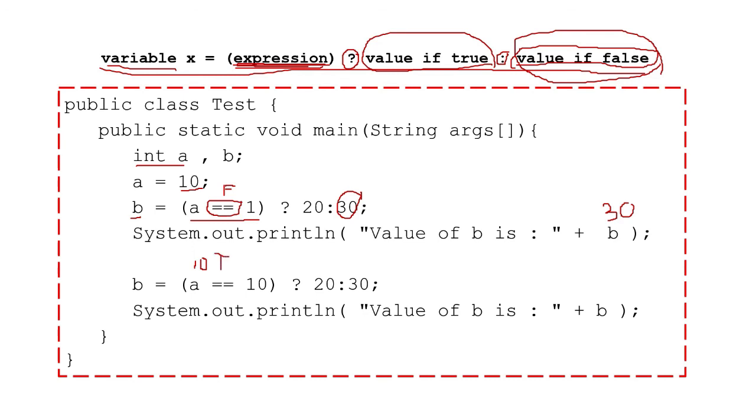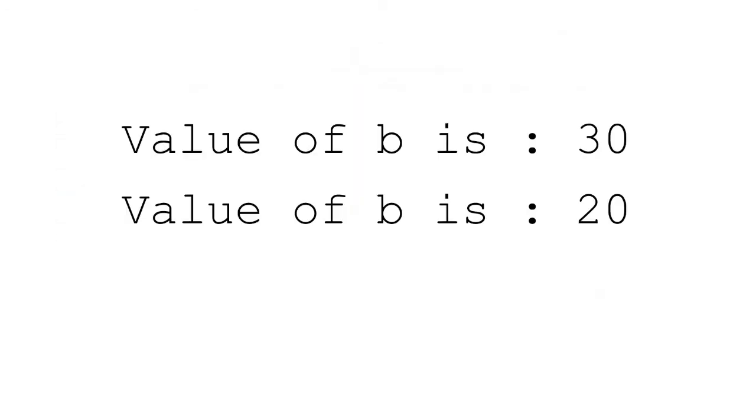Kung true yung sagot, ano yung magiging value ng variable B? Ang magiging value niya is yung nauna doon sa after ng question mark or ternary operator natin, which is the 20. So, the value of B is 20. Okay? So, ganun lang po. So, this is the output of our code using the conditional operator.